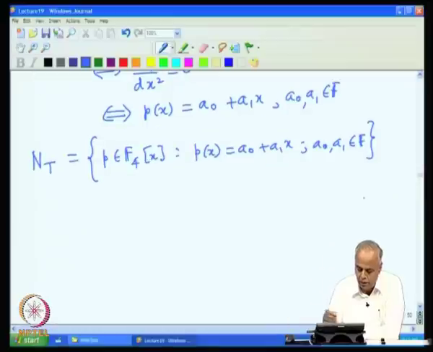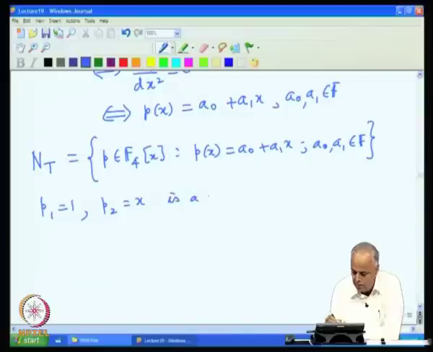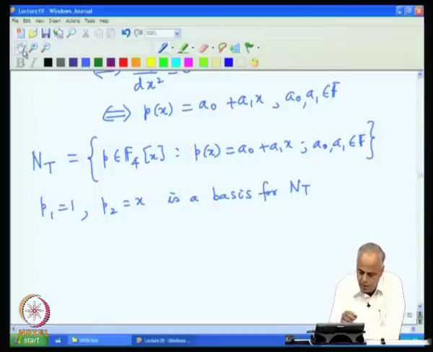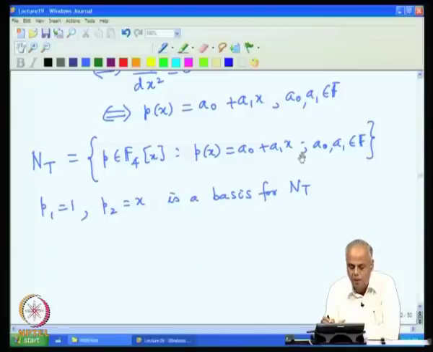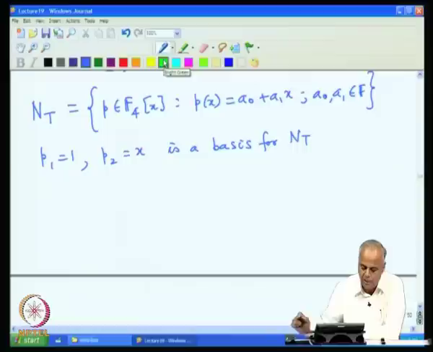Now, clearly p1 equal to 1, p2 equal to x is a basis for N(T), because as is seen here every other polynomial is a linear combination of the polynomial 1 and the polynomial x, and therefore, they form a spanning set and they are obviously linearly independent, and therefore, they form a basis.